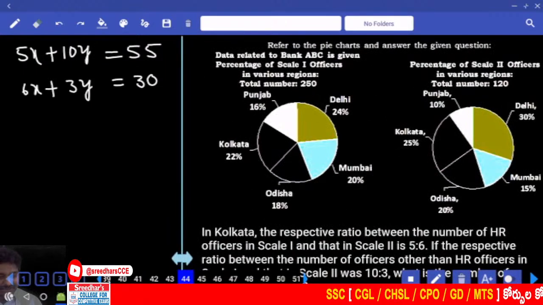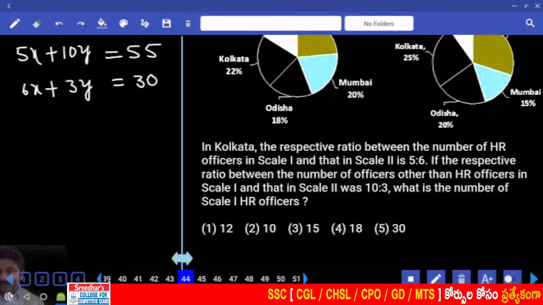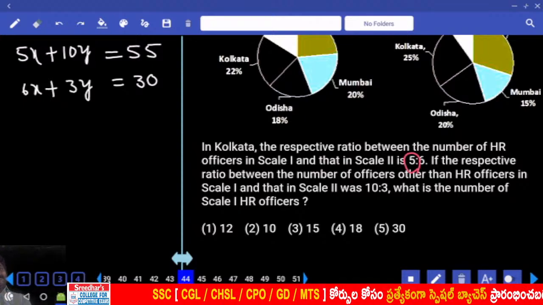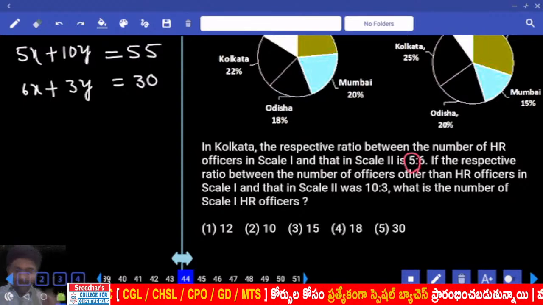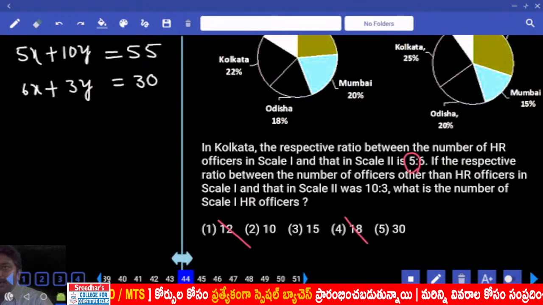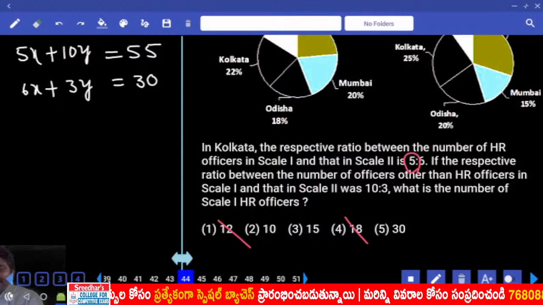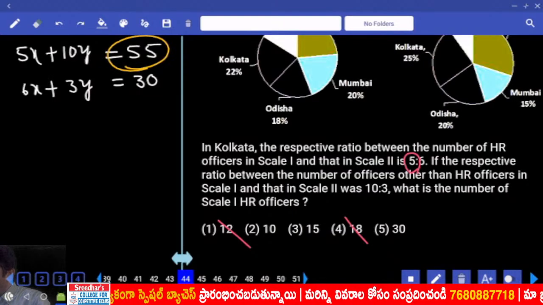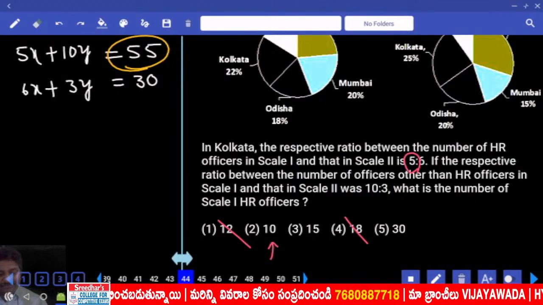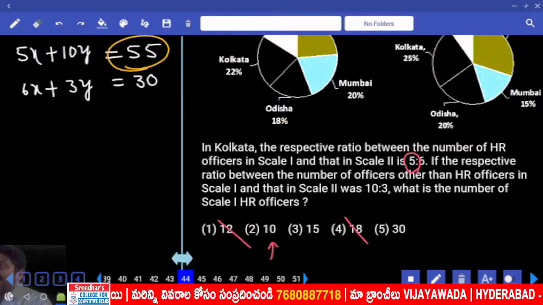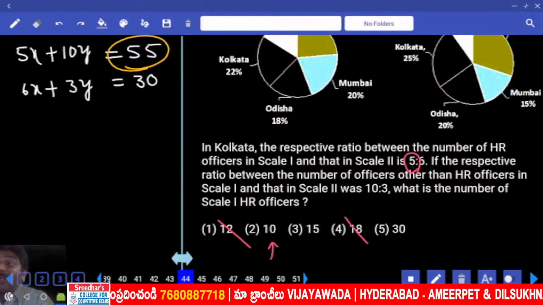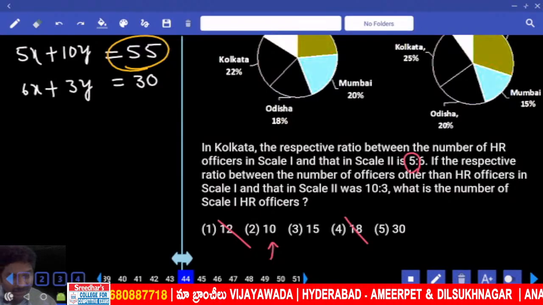If there are two options, you can do verification, I said. How to do that? Let us see. First of all, 5 parts is what we need to calculate. Yes? It should be a 5 multiple, so 2 options are eliminated. Total scale 1 officers are 55. Scale 1, correct? If HR officers are 10, non-HR officers are, come on, 40.